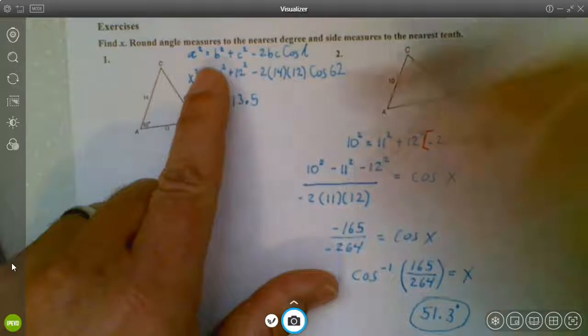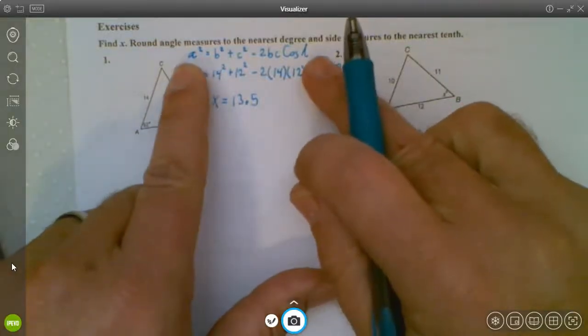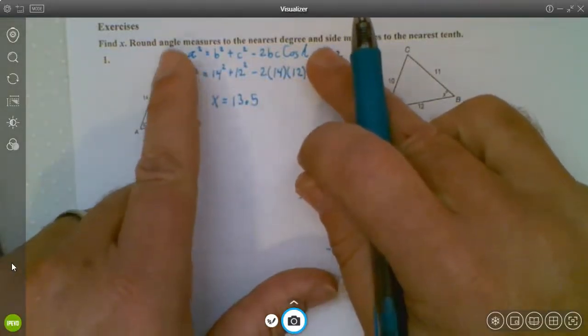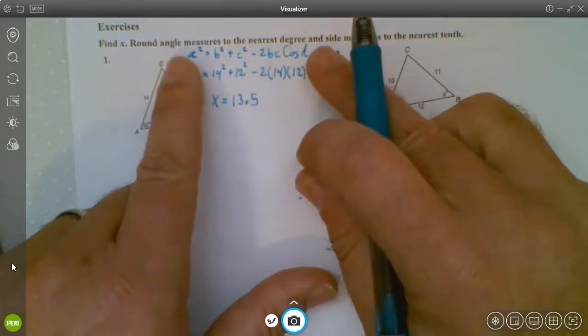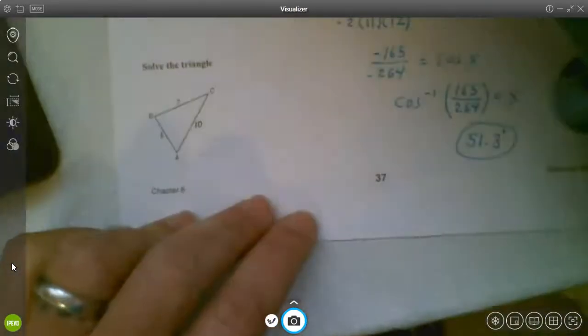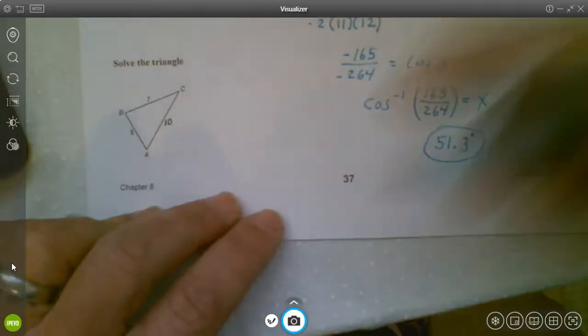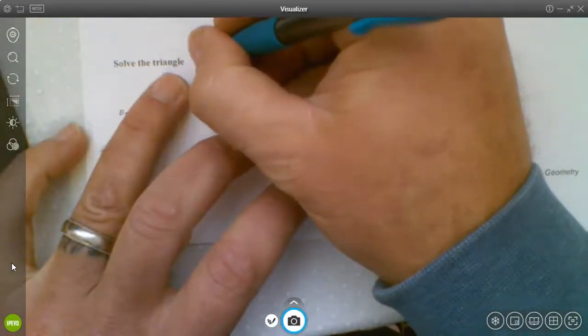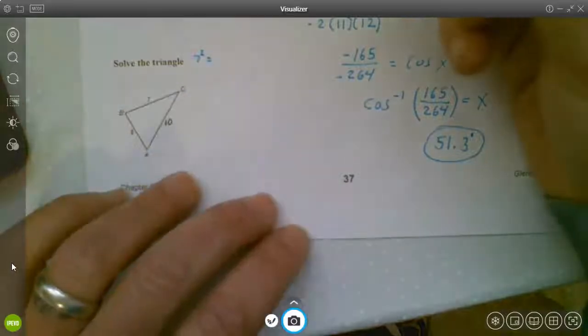So that's that relationship that we talked about right here. So if this is angle A that I want to find first, then I want to have the 7 right here. And so the B and the C are simply the other two sides of that formula. So I'm going to say, I'm going to have to write a little small here so I have enough room.